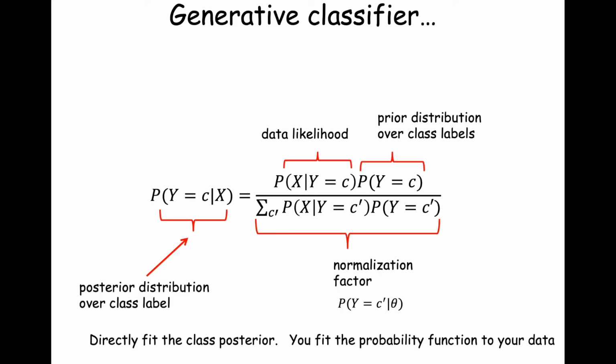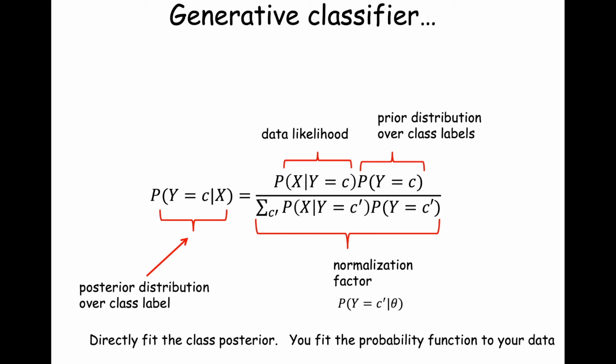So when we last met, we talked about a generative classifier, and we said we calculated the probability that Y is a certain class label given your input feature vector X. We call this the posterior distribution over the class label.